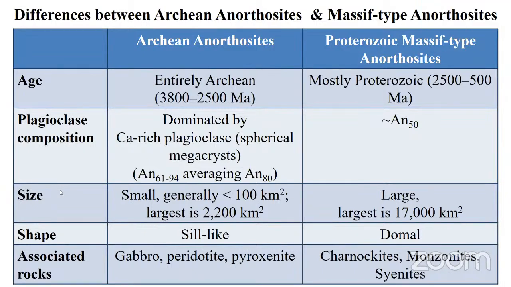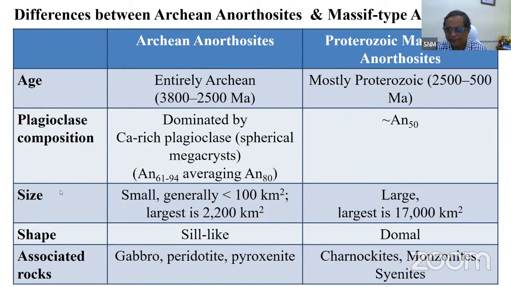The Archean anorthosites are generally small in size, less than 100 square kilometers, whereas the largest known is 2,000 square kilometers, and massive type anorthosites are generally big complexes. Archean anorthosites occur in sill-like bodies, whereas the Proterozoic anorthosites occur as domal or composite plutons.